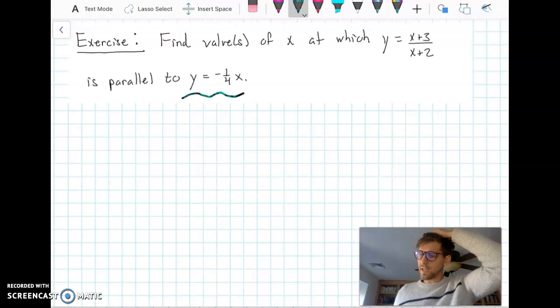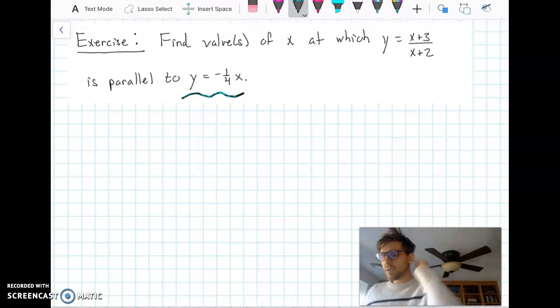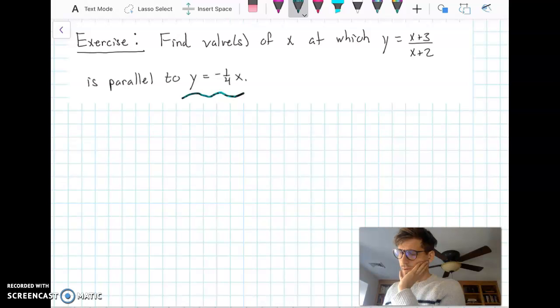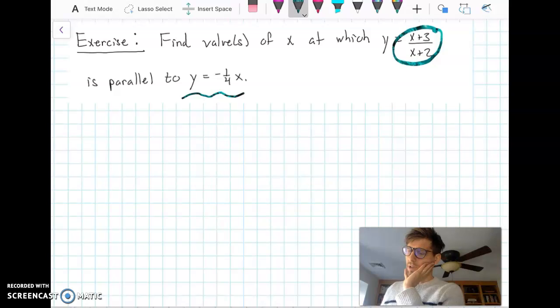With a slope of negative 1/4. And we know that the derivative gives us the slope. So if we find the values of x at which this is parallel, even if it's just parallel for a moment, that's when the derivative would equal the slope of this, which is negative 1/4.